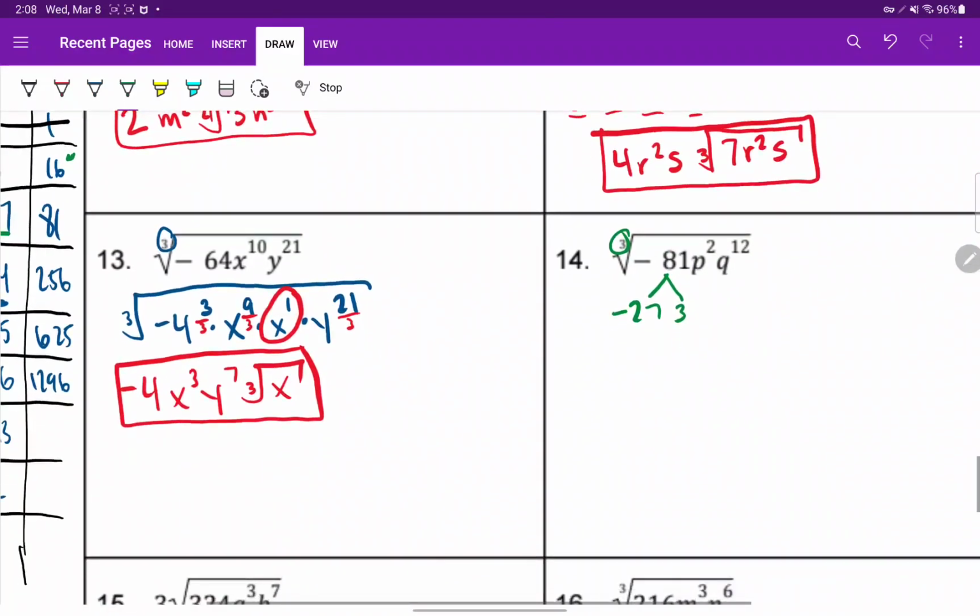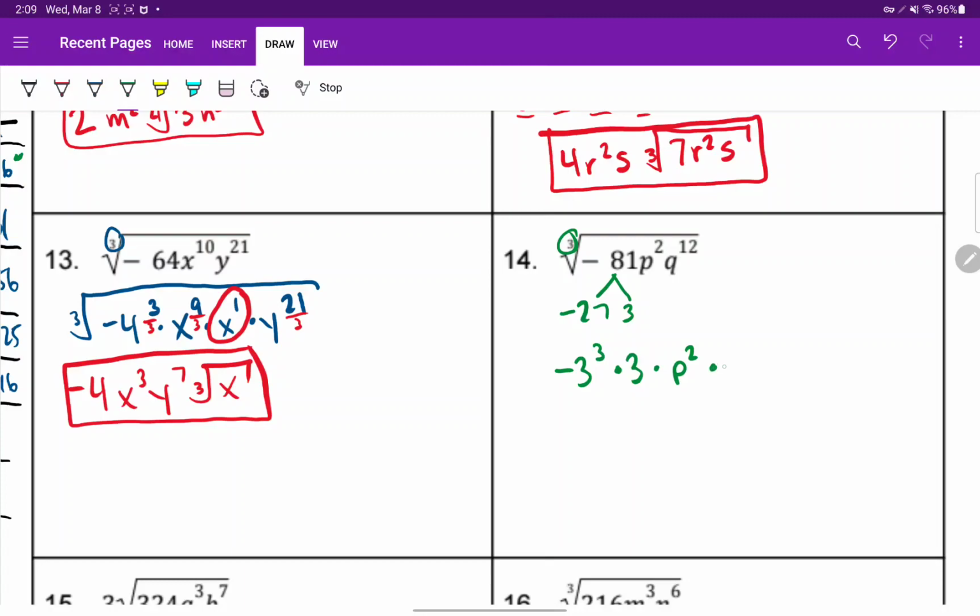So we're going to write that as negative 3 cubed times that 3 there. So that's negative 3 cubed. For the p squared, I can't break that apart to be a multiple of 3, so I'm going to leave that alone. And then q to the 12th, 12 is already a multiple of 3, so I don't have to actually do anything to that. And now I'm going to divide by my index.